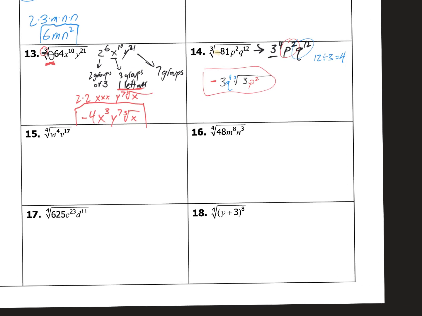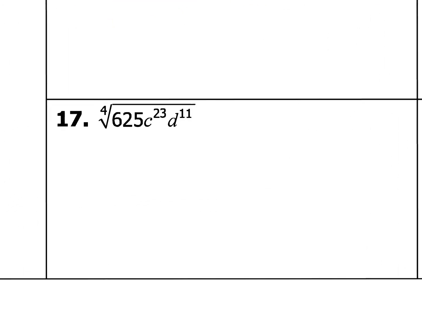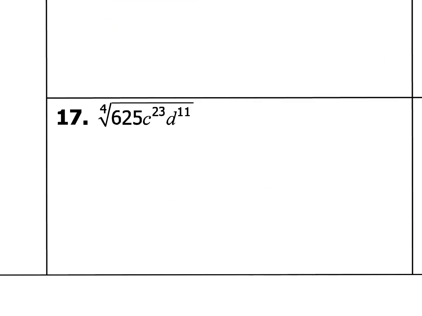Now, guys, this works with just about anything. Like number 17 has some big numbers, but it's still completely doable. Very easy example for you here. What you'll see is, hey, 625 is 5 to the 4th power. Got c to the 23 and d to the 11.